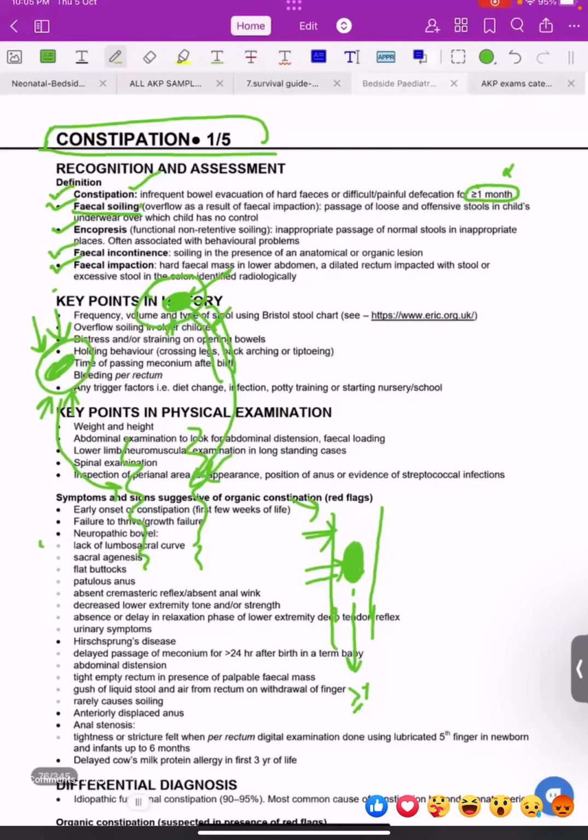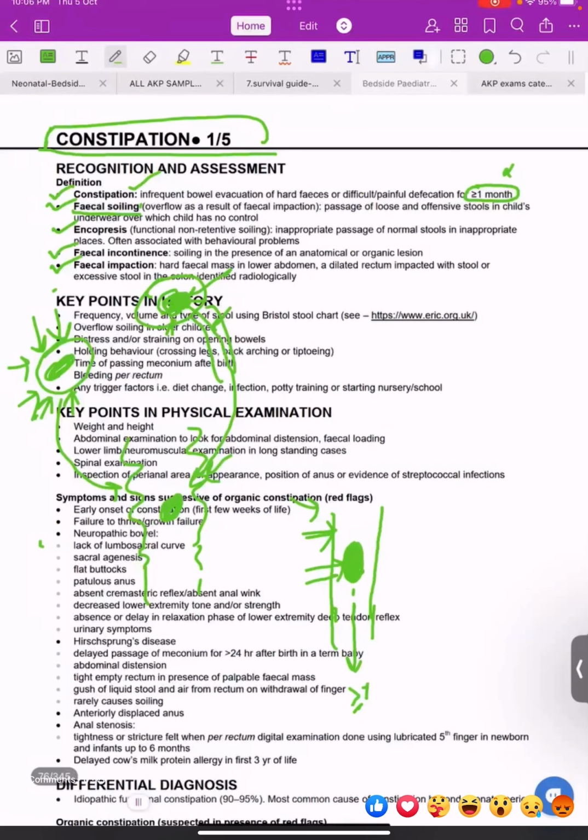So one thing I was talking about is the environment. One thing is a defect in the brain or spinal cord problems. Another thing is that the eating habits of the patient are not good, and they cause stasis of the stool. And another thing, the child is not going to the toilet properly.